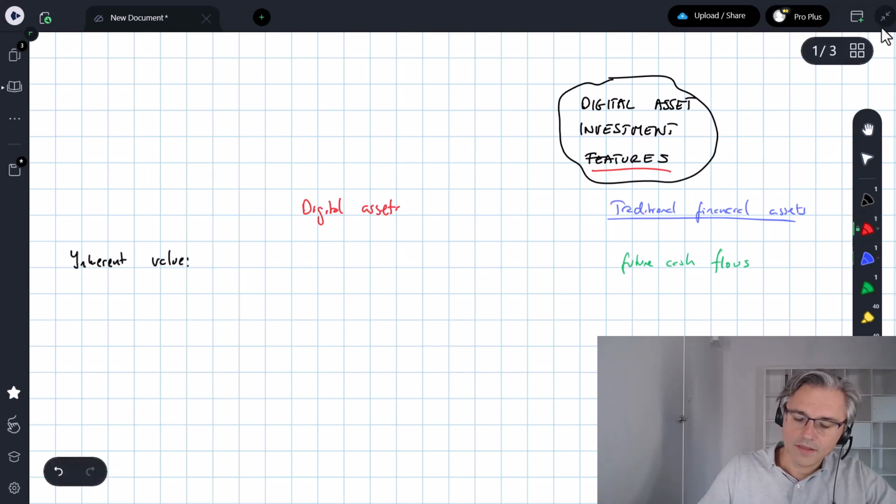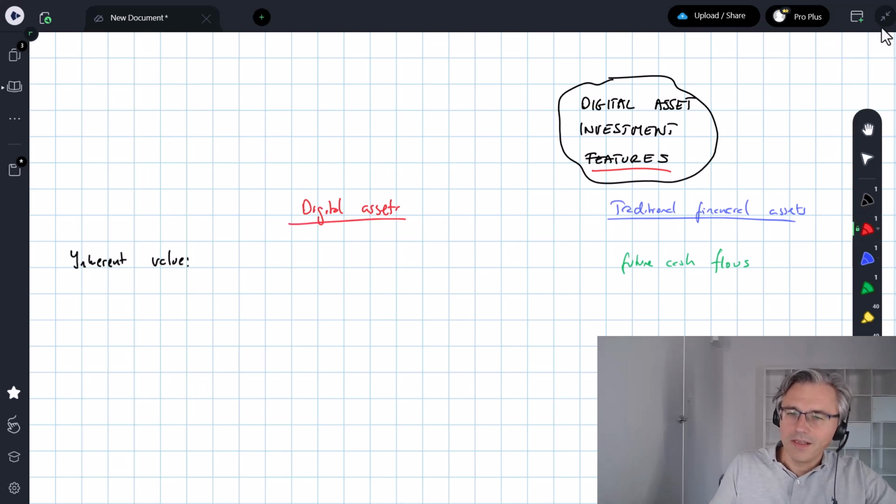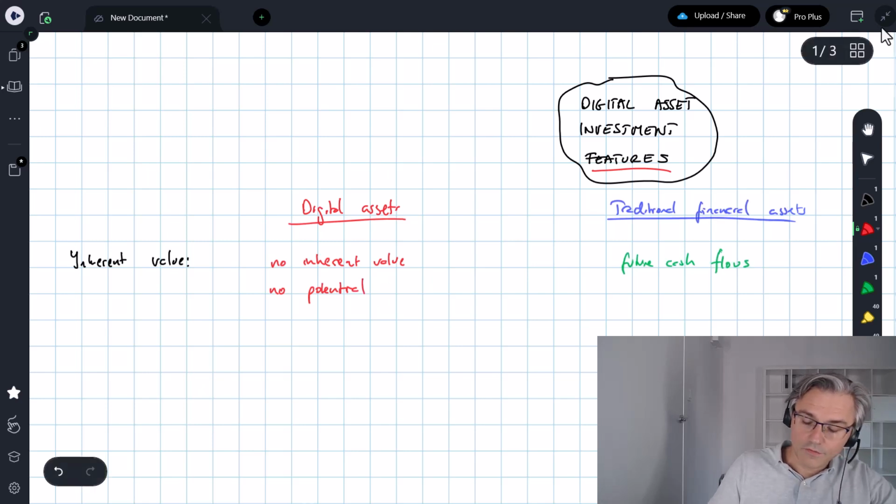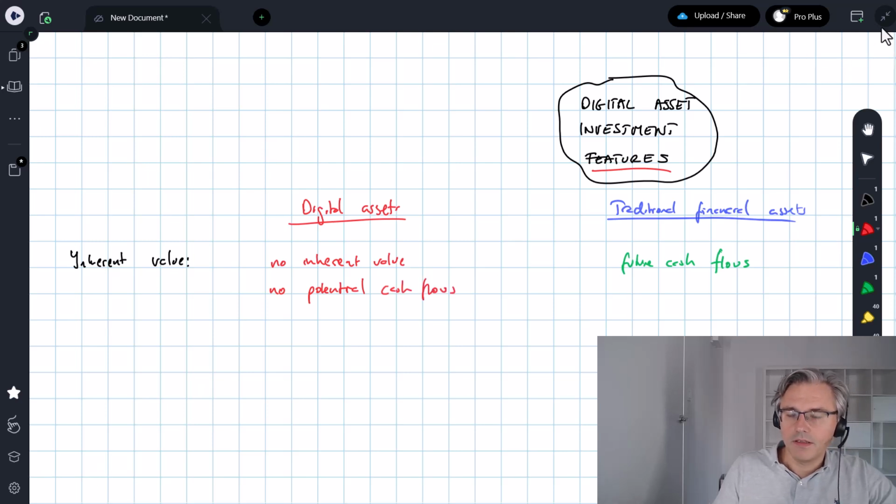With digital assets, the problem is that they typically have no inherent value. I mean, that may be different for a digital work of art, but on its own, a digital asset like crypto doesn't have any inherent value. It doesn't generate any potential cash flows, no cash flows can be expected from it.